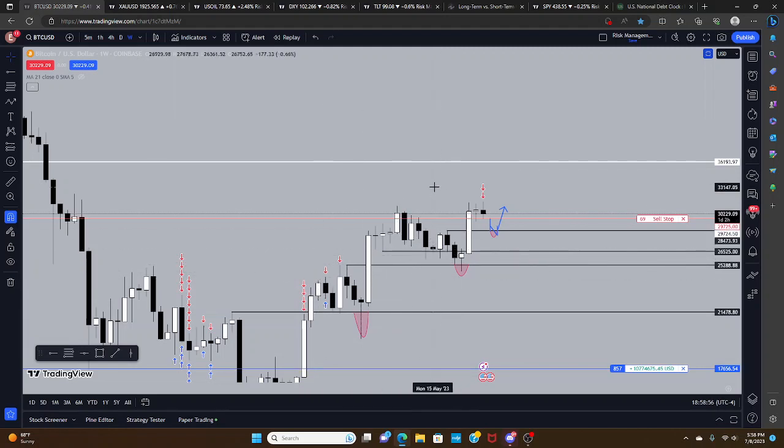It took several weeks, but it ultimately did that and then ran up. And we did, again, create this minor inefficiency here. Now obviously, there are no guarantees in the market. Not every inefficiency has to be filled. But this is just the way I look at the market and try to create a set of probabilistic expectations of what is most likely to happen.